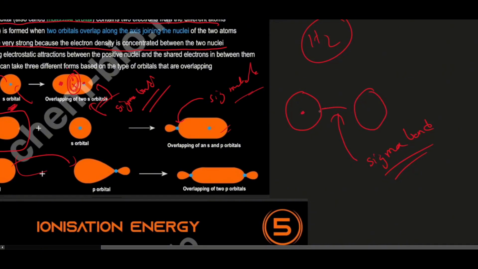What they're trying to say is that the s orbital of one hydrogen atom donates an electron, while the s orbital of another hydrogen donates an electron, and this results in the production of the sigma bond. And since all the electrons are concentrated in one position, the force of attraction between the two nuclei of these two atoms is very strong. As a result, the sigma bond is overall stronger. Am I clear? Why is it strong? Did you understand?